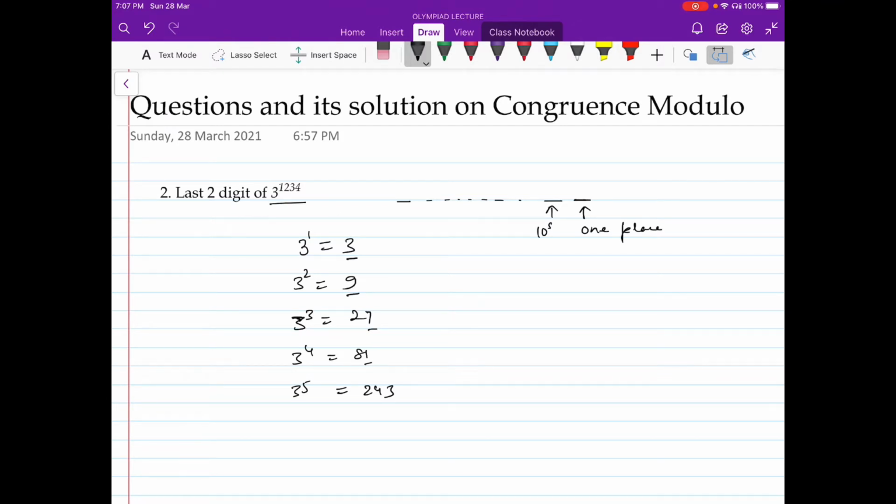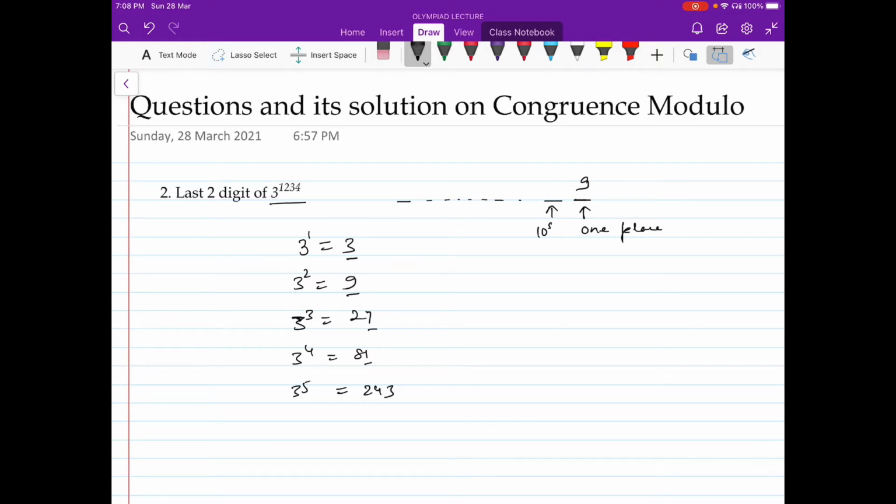By the help of cyclicity we can find the last digit, but the last two digits are not possible to find with cyclicity. Let us see the last digit first. The power is 1234, and after each cycle of 4 the last digit repeats, so we divide 1234 by 4. You get 2 as the remainder, so the last digit is 9. It is confirmed.